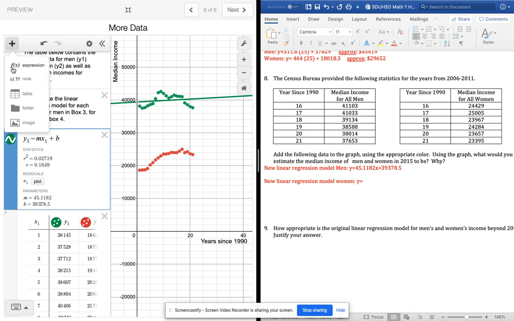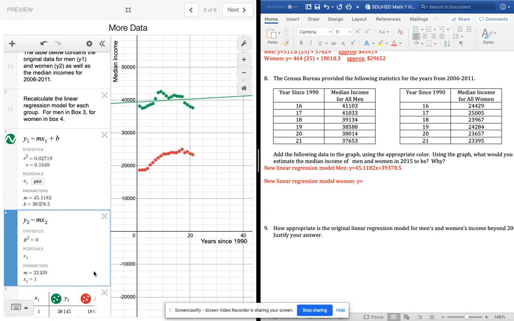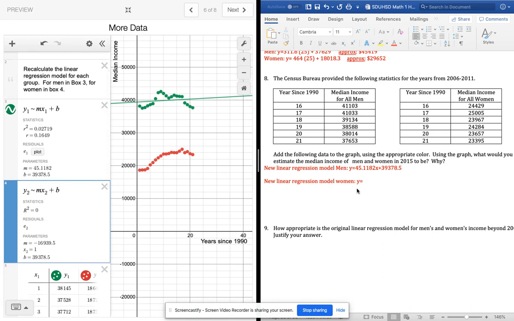So y sub 2 equals m x sub 2 plus b. So we have y equals negative 16939.5 x plus 39378.5.